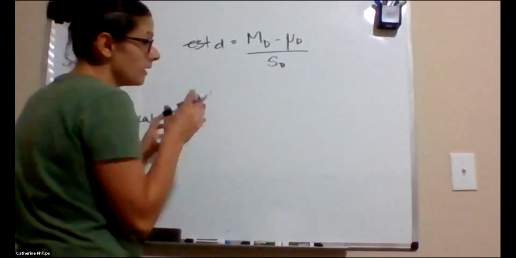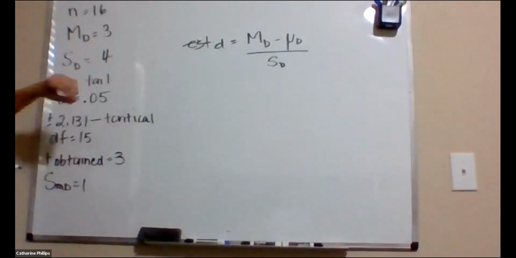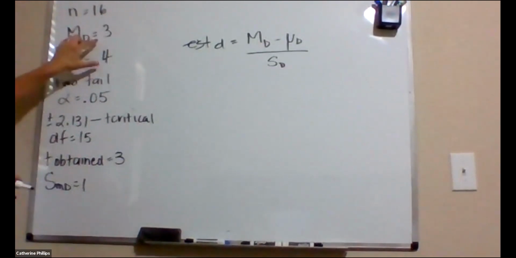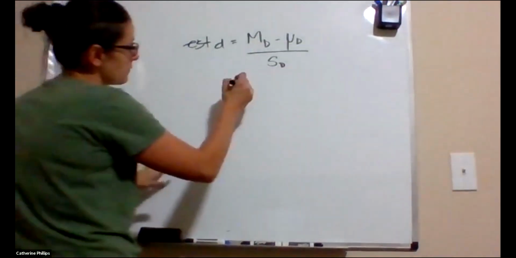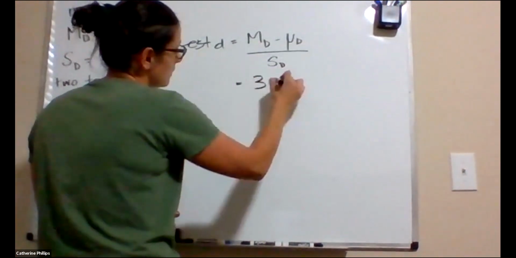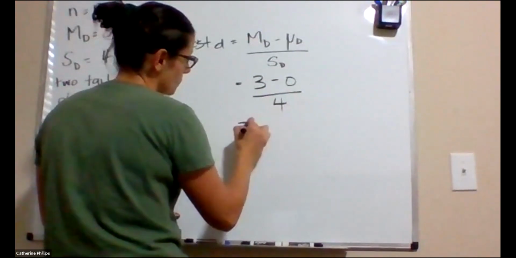So I'm just doing 17A, the effect size measures, where it had a standard deviation of 4. Our t obtained was 3, and our estimated standard error was 1. We only need that standard deviation and the mean difference for our Cohen's d. So the mean difference was 3, subtract 0, divided by the standard deviation, which was 4.